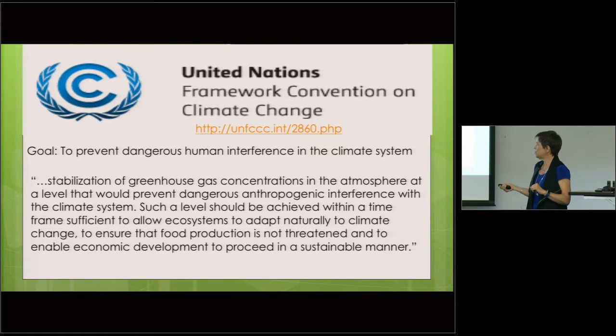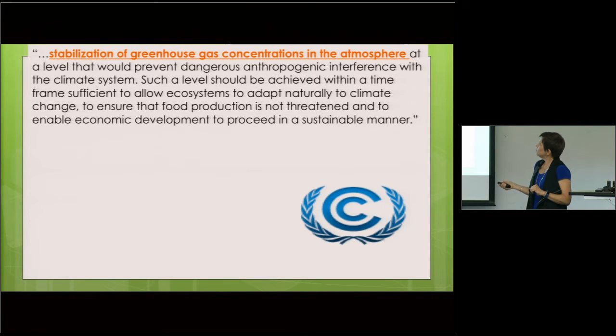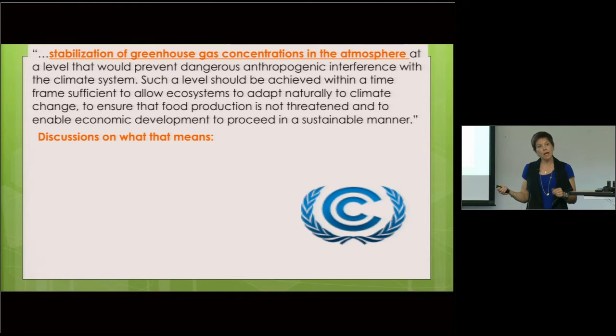I teach a course on natural resources in a changing climate, so we talk about this in that class. But let's look at the stabilization of greenhouse gases. There's a lot of discussion on what that means. What does it mean to stabilize greenhouse gases?